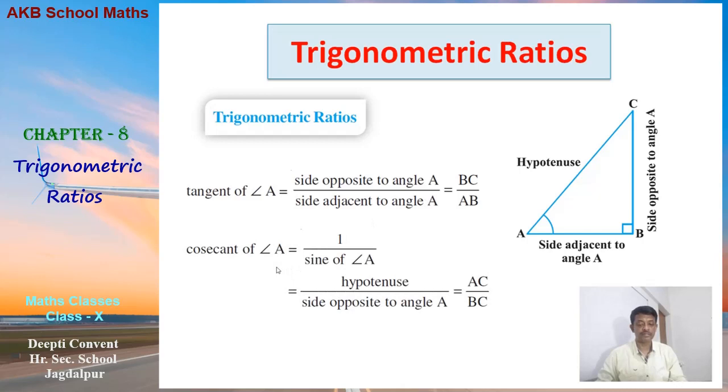Now the other three are inverses of the before, because cosecant of A equals 1 upon sine of A, that is the inverse of sine.